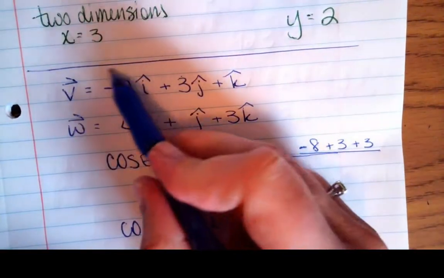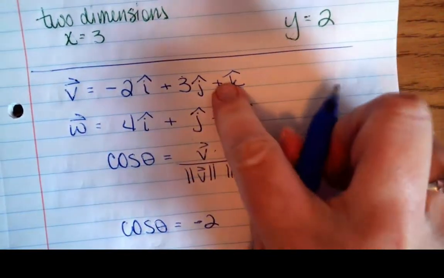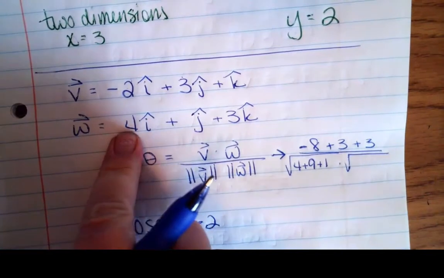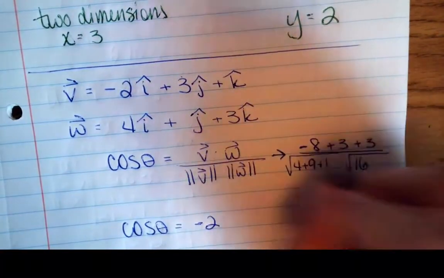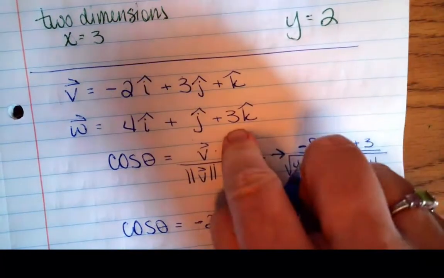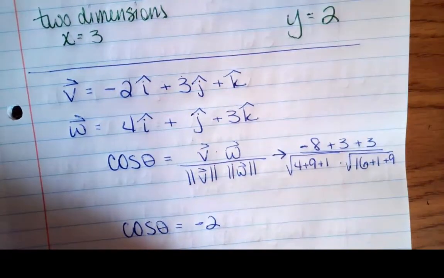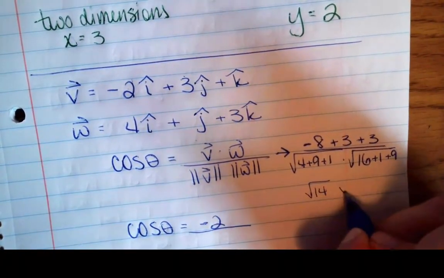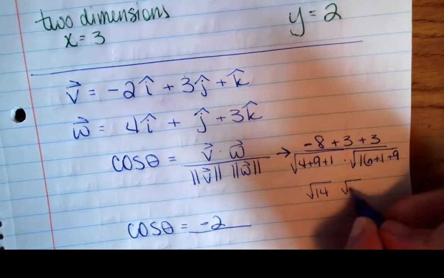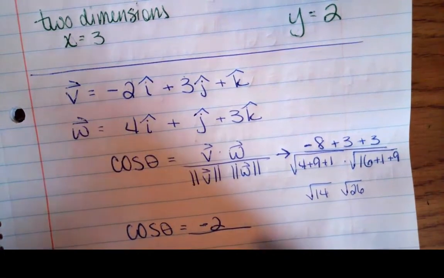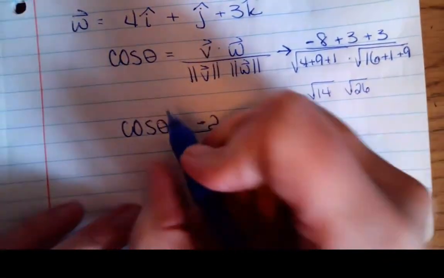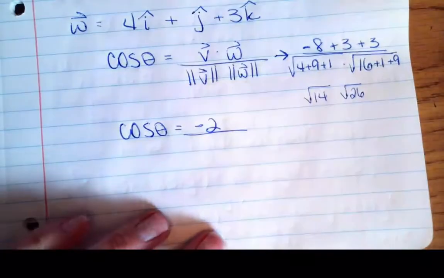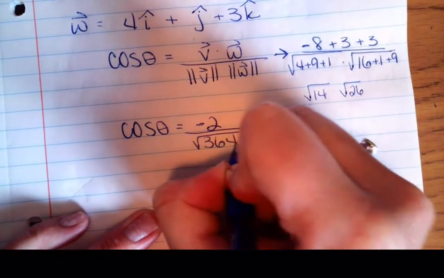The magnitude of v is going to be the square root of negative 2 squared plus 3 squared plus 1 squared, and the magnitude of w is going to be the square root of 4 squared plus 1 squared plus 3 squared. So 4 plus 9 plus 1 is the square root of 14, and 16 plus 1 is 17 plus 9 is 26. So I get the square root of 14 times the square root of 26. 14 times 26 is 364, so I've got the square root of 364.